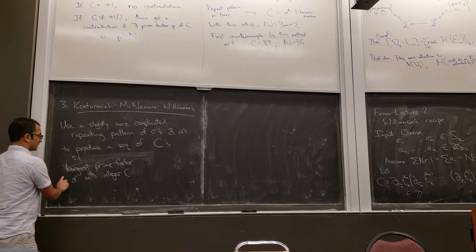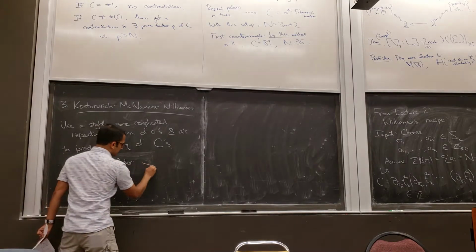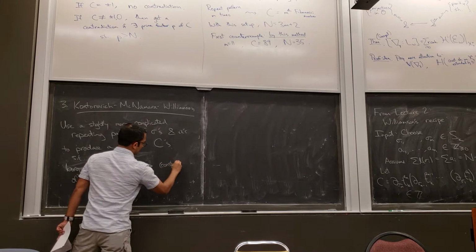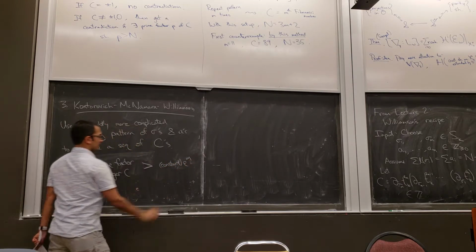So the largest prime factor of the nth integer c in the sequence is bigger than some constant times e to the m or something.